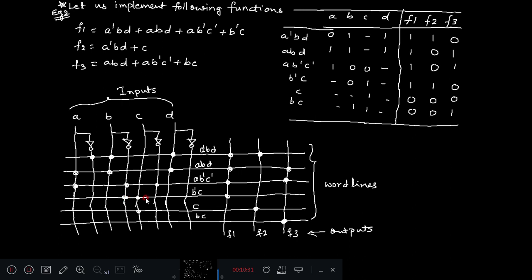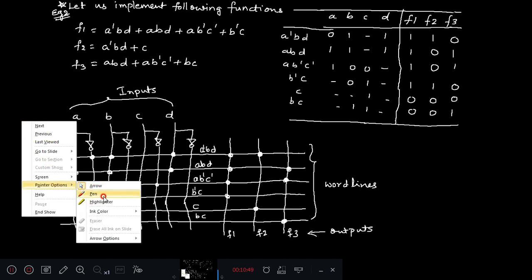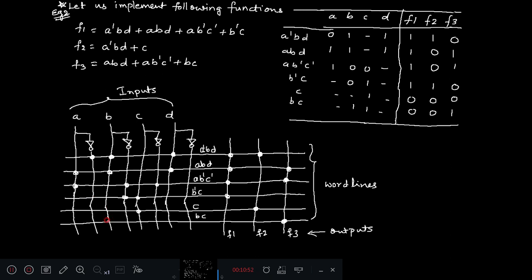Similarly, B dash C, then C, then one more programmable connection. I forgot to do it. So B C, you have to make a connection here, B as well as C. So this B and this C are connected to form the 6th product term.